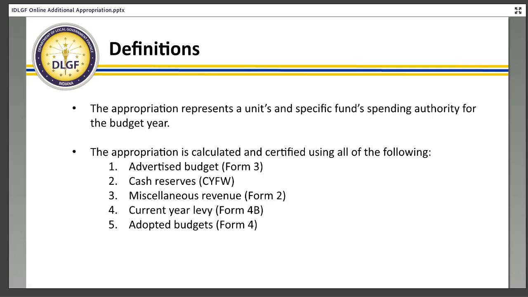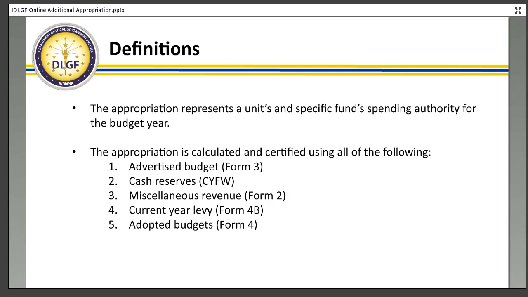We will go over each one of these in a little bit more detail, but I do want to clarify what's represented by the number 2, the cash reserves bullet below. Cash reserves in this case is going to represent a number of values that are reported on the CYFW, or the current year financial worksheet.